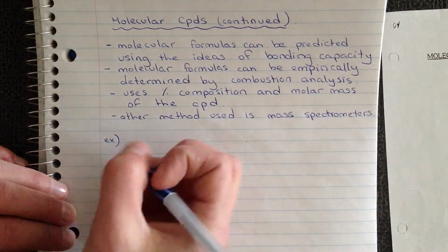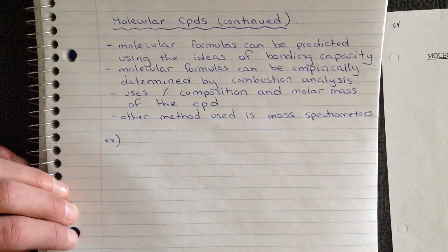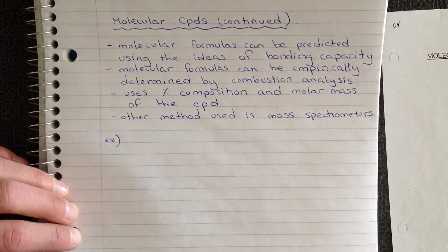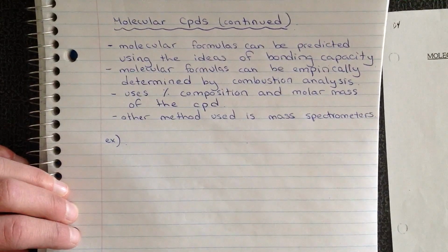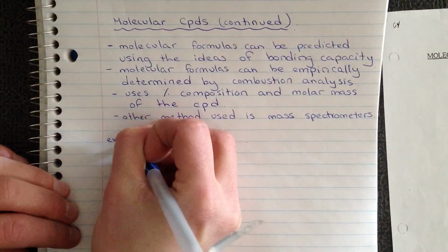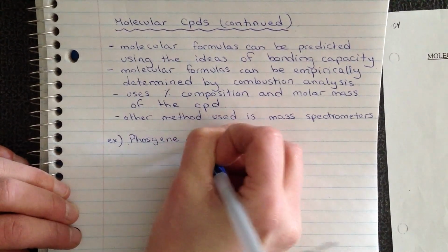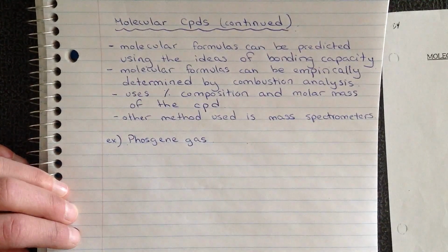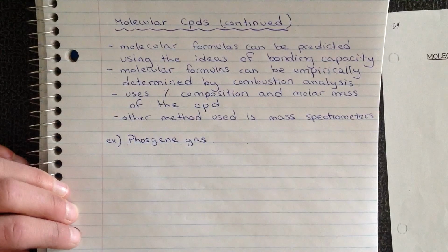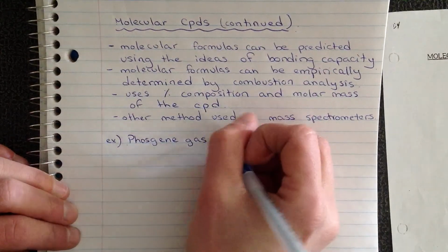Okay, so our first example, and like I said, I'm just going to give you this example. We'll walk through the steps of exactly what I want you to do, and then you guys are just going to know it, okay? So, data provides phosgene gas. It's a special World War I gas that they used to poison troops back in the day, okay?